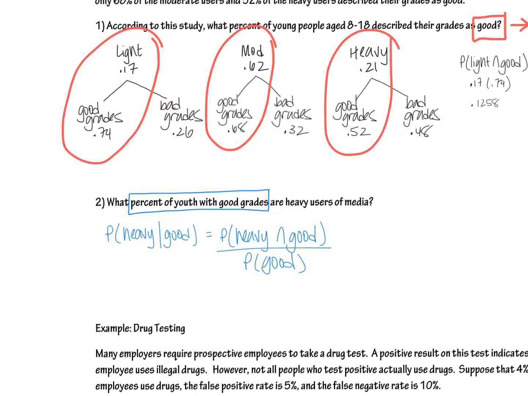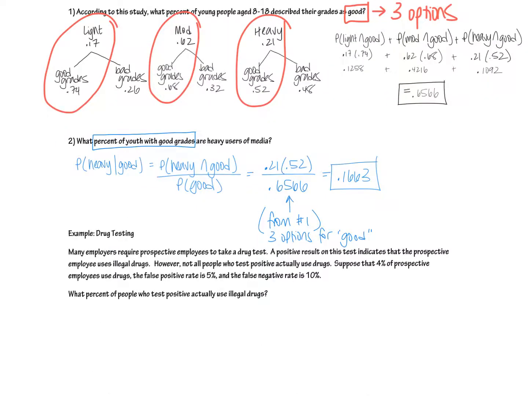So this question is actually laid out pretty nicely for us, but what we're given is all of the numbers up here at the top, but what I'm going to show is the heavy and good part, which again is 0.21 times 0.52. That's going to be my numerator. And then the probability of having good grades was this category and this category and this category, which we did up here. So here, you guys, is what all of that looks like. So remember, the probability of being a heavy user and having good grades is 0.21 times 0.52.